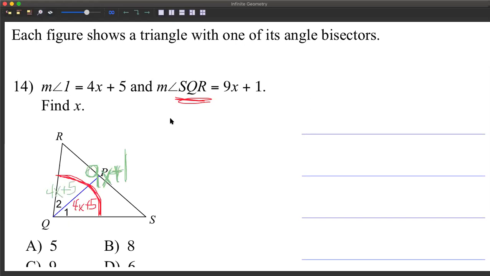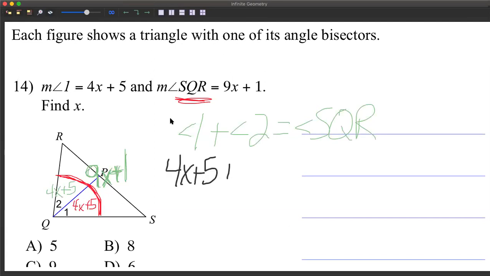So now I can remember what we were saying. Angle 1 plus angle 2 together would get me the whole angle. The whole angle in this case is SQR. So that's the model that I'm following. Let's see how this would work. Angle 1 was 4x plus 5. Angle 2 is 4x plus 5. And the whole big angle was 9x plus 1.